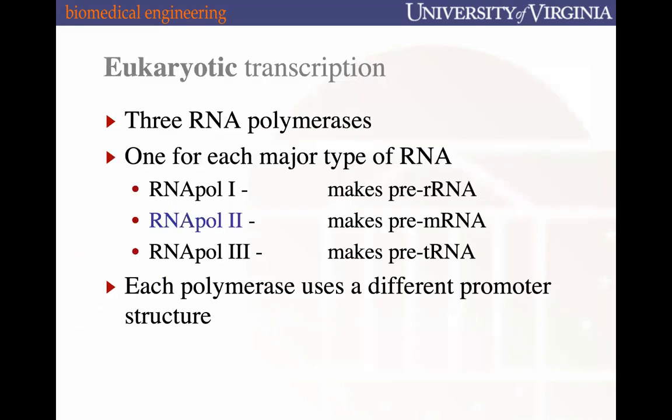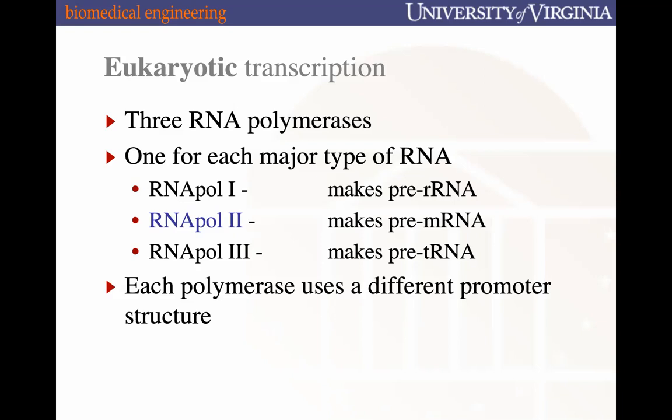All right. So to focus more specifically on eukaryotic transcription, we have 3 RNA polymerases, and each of those polymerases corresponds to a type of RNA. RNA polymerase I helps with the production of ribosomal RNA. RNA polymerase II, as designated in blue, is the most important one that I want you all to take note of.